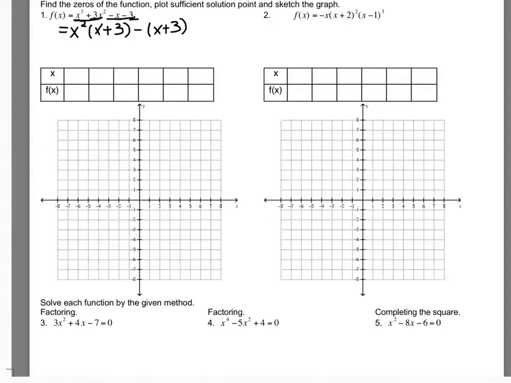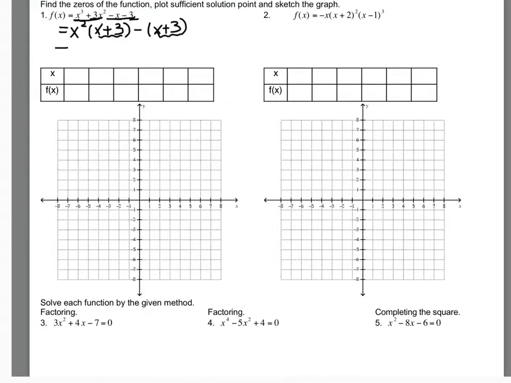And then check to see if they are the same. x squared times x, I have x cubed. x squared times 3, that's 3x squared. Negative times x, that's negative x. Negative times 3, that's negative 3. Now the common terms between the two rows would be x plus 3 and x plus 3.